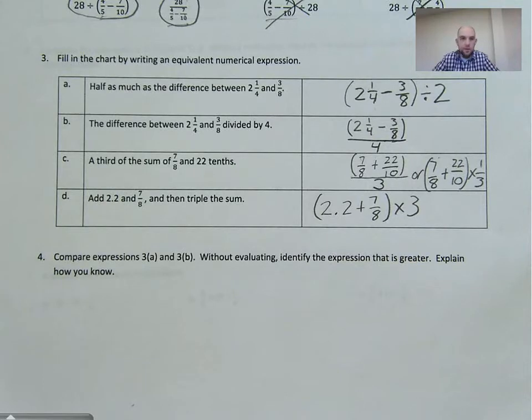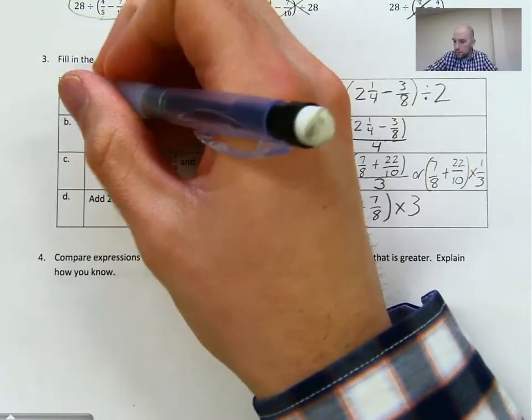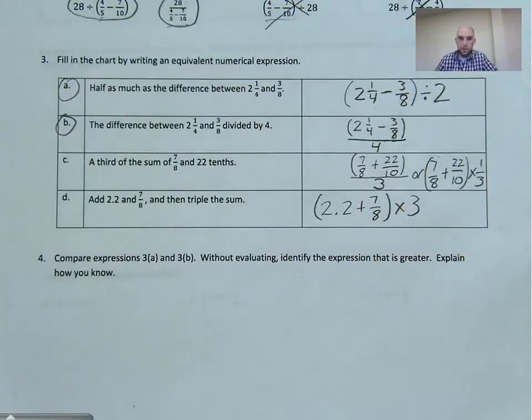And then number 4 here says compare expressions 3a and 3b. So we have this one and that one. Without evaluating, so without solving those expressions, it says identify the expression that is greater. Explain how you know.